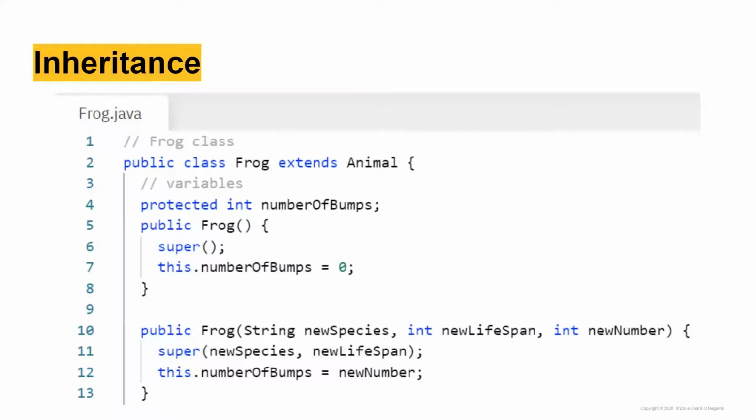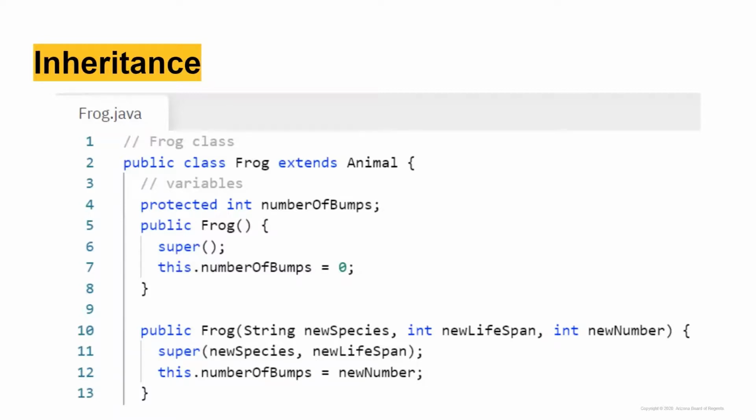My mistake. So we have public frog, right? And within that, we are calling super parentheses. What this does is call the parent, the animal. Basically, it would be just like calling the animal constructor, as if we just said animal parentheses. But we use super to remind ourselves that we're calling the parent, whatever the parent class of the frog class is, which we can see by going up and looking at our extends keyword and seeing that it is animal.